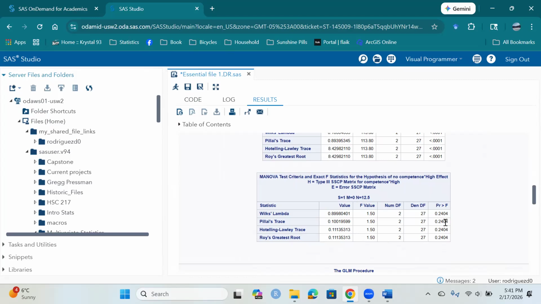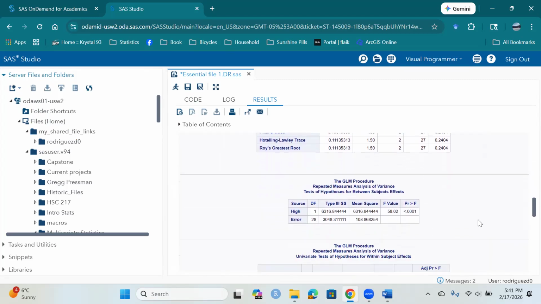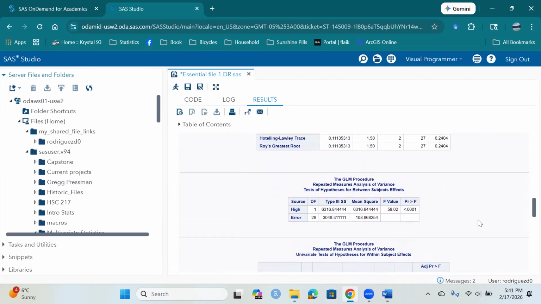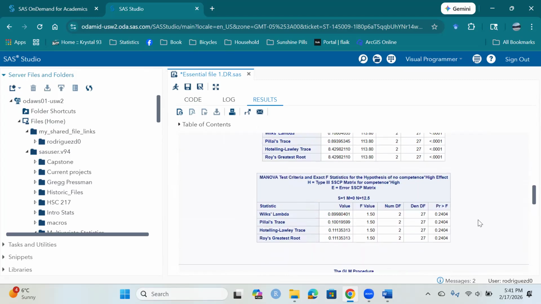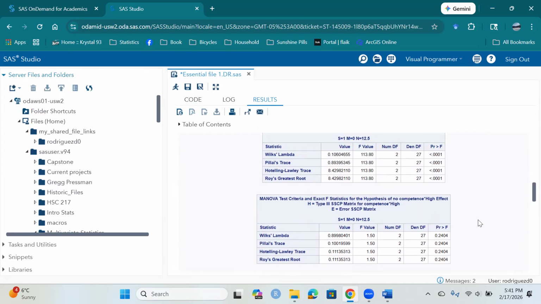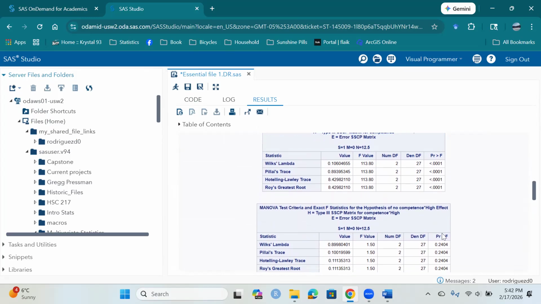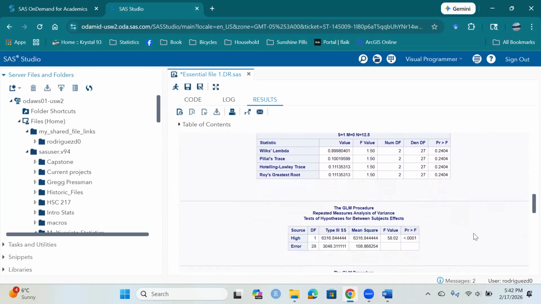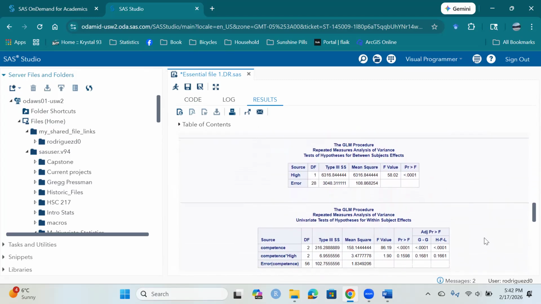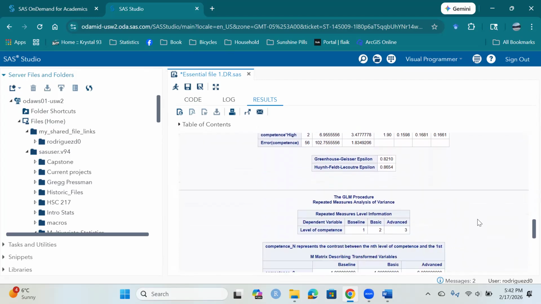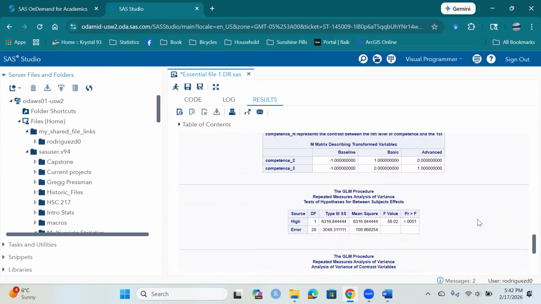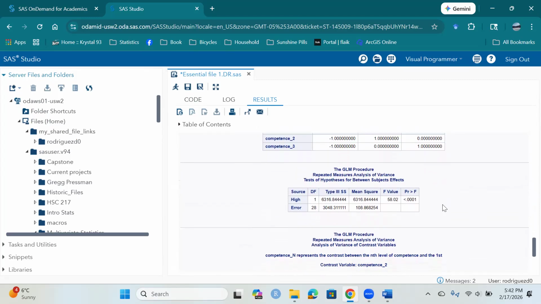And from what we can tell here, using the Wilks lambda again, the p-value is really high, so it's not statistically significant. So we could say that there's a significant main effect for competence, or time, basically, but there is no time by baseline competence interaction. So this is pretty interesting.